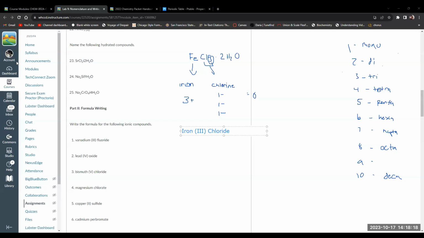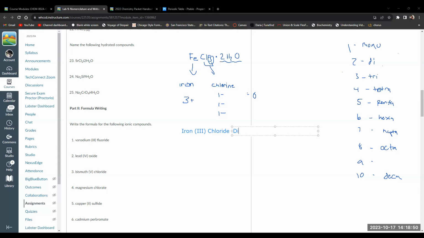However, we're not done here. We have this water. This water is attached to this compound. And we have 2 waters. And because we have 2 waters, we're going to be using di, because that's the prefix.